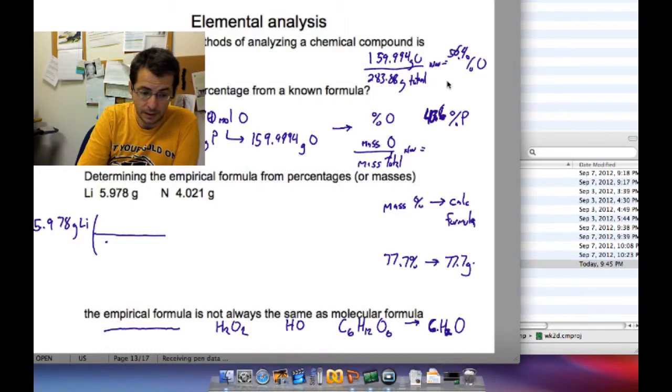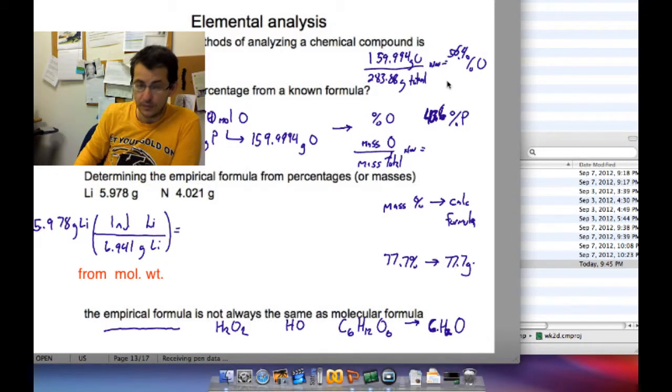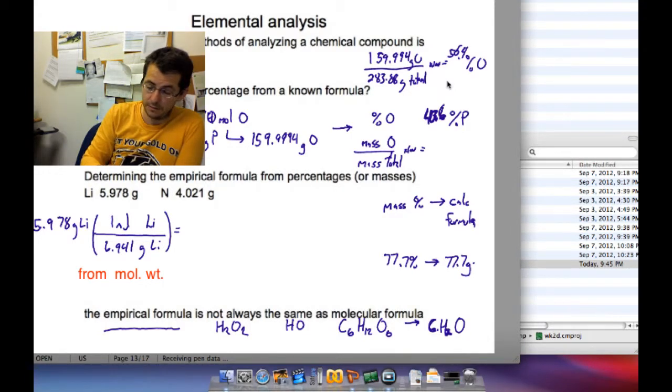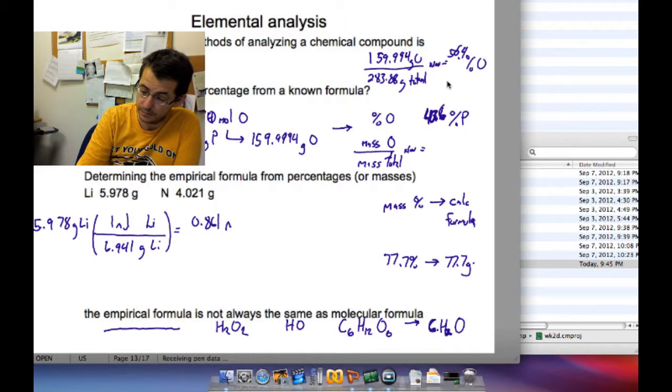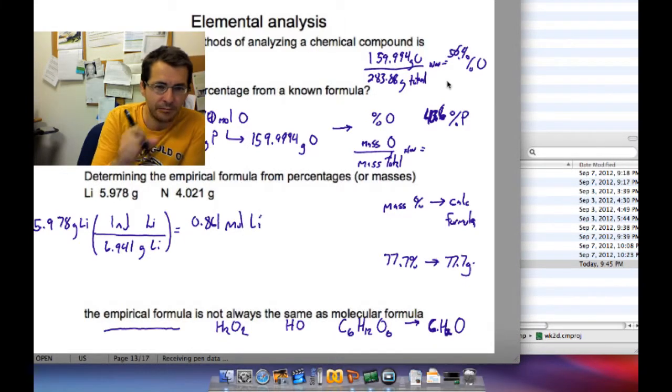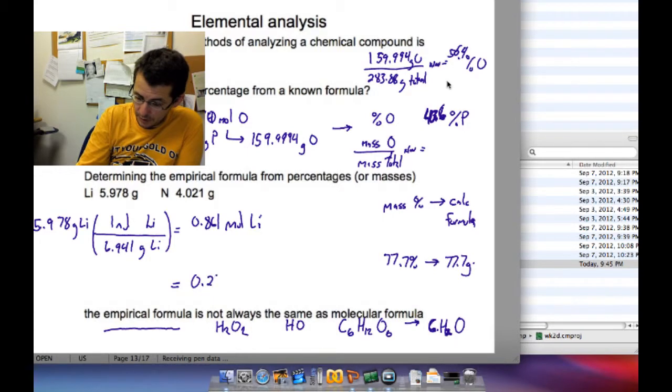We know that 6.941 grams of lithium is equivalent to 1 mole of lithium, leaving us with 0.861 moles of lithium. Then we can do the exact same calculation with the nitrogen, and from the formula it gives us 0.287 moles of nitrogen.